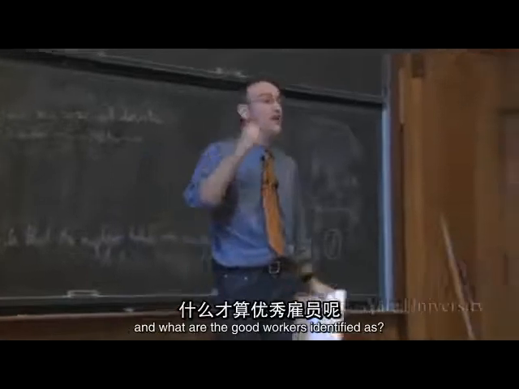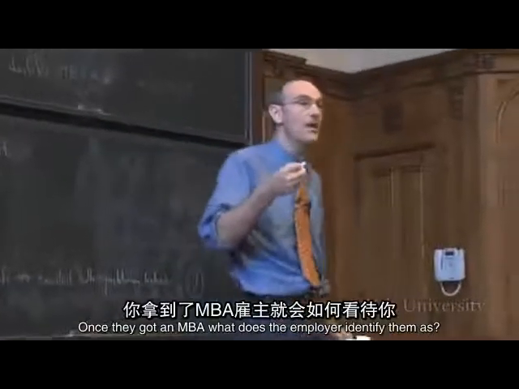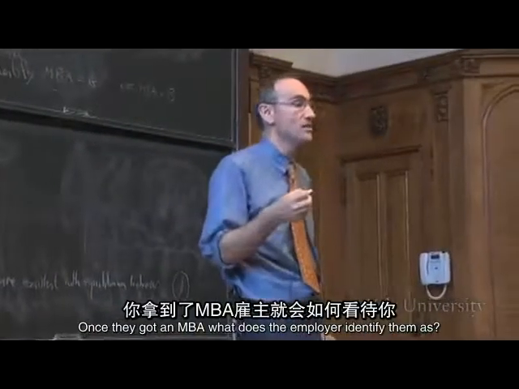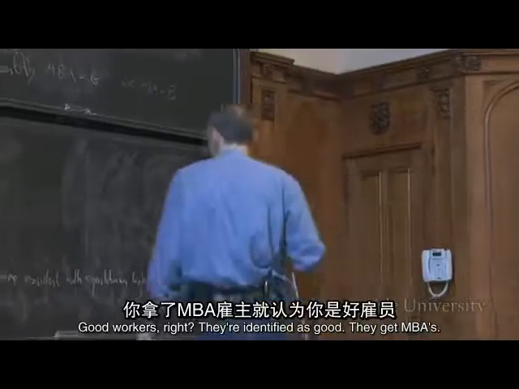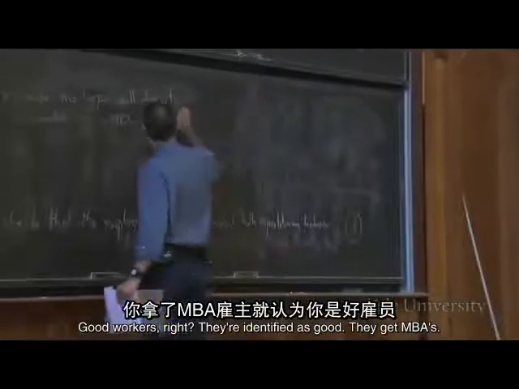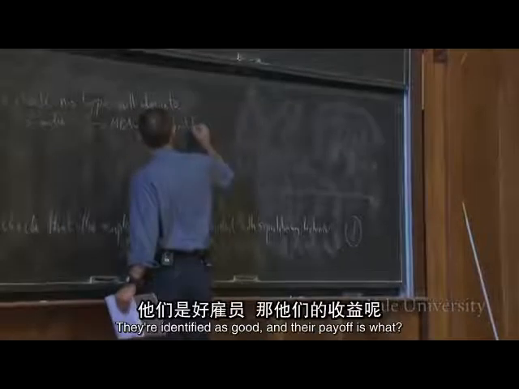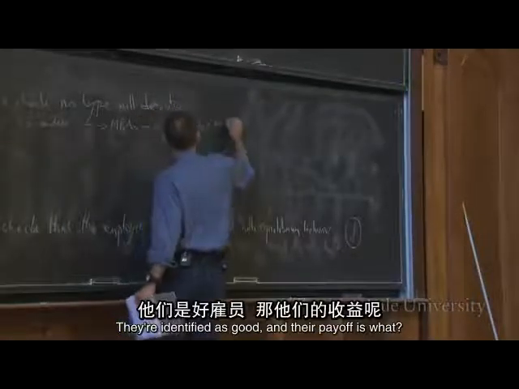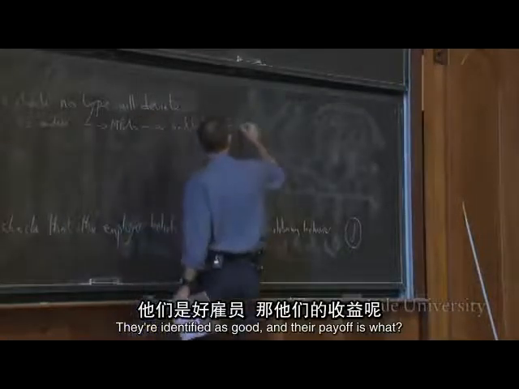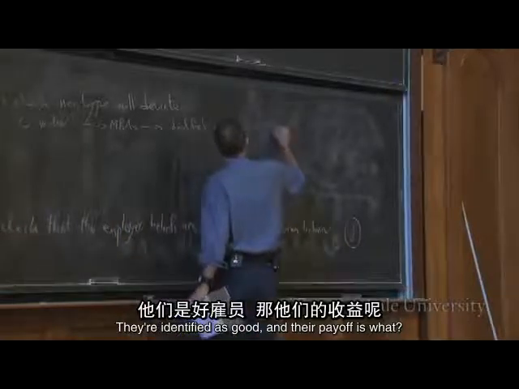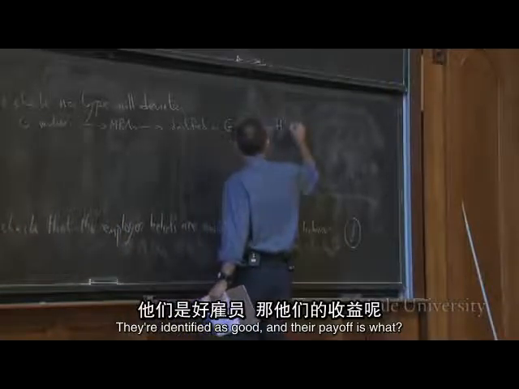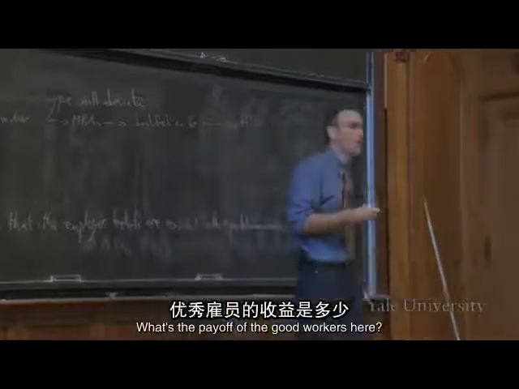And what are the good workers identified as? Once they've got an MBA, what does the employer identify them as? Good workers, right? They're identified as good. They get MBAs. They're identified as good. And their payoff is what? What's the payoff of the good workers here?